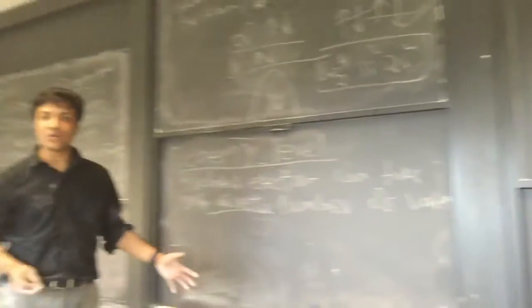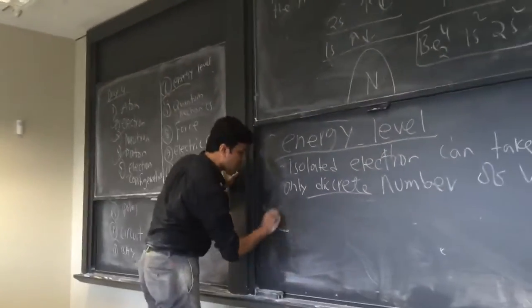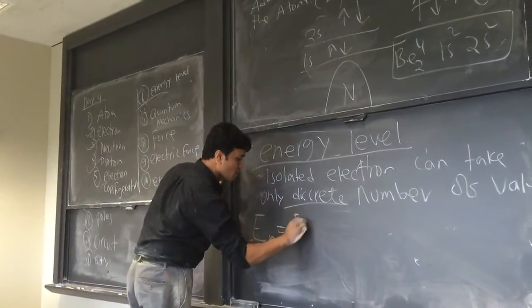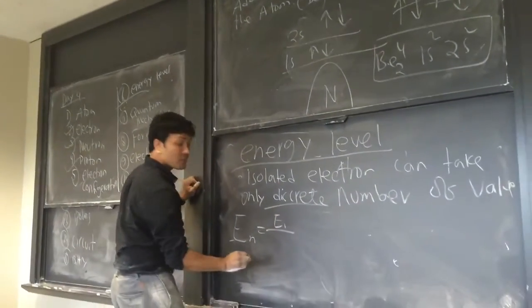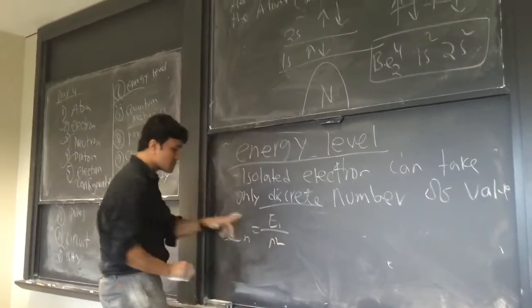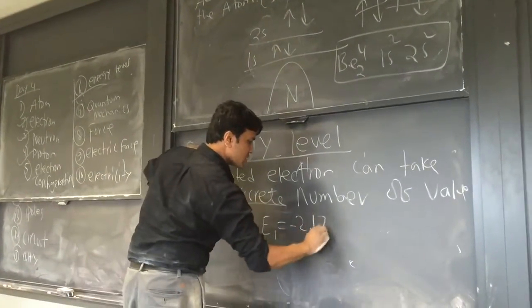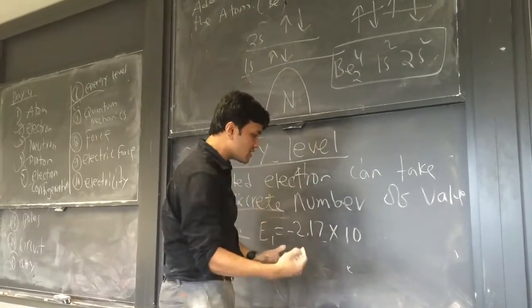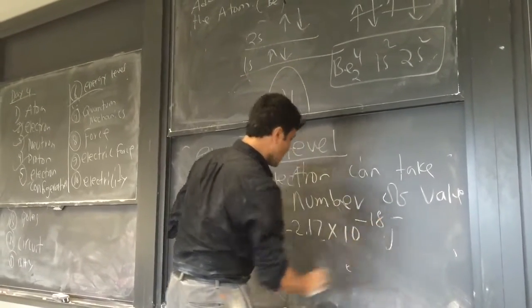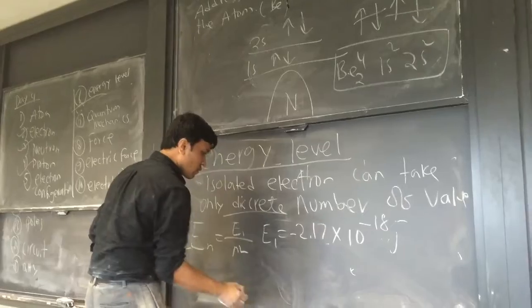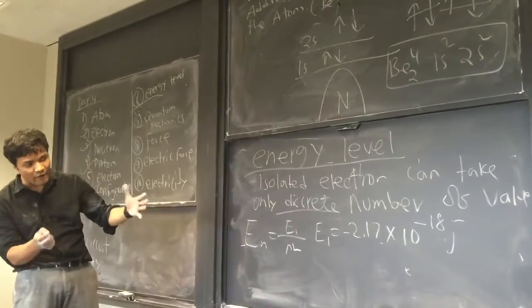Now the equation for it is En equals E1 over n squared. E1 is minus 2.17 times 10 raised to negative 18 joule, and we have to convert it to electron volt.